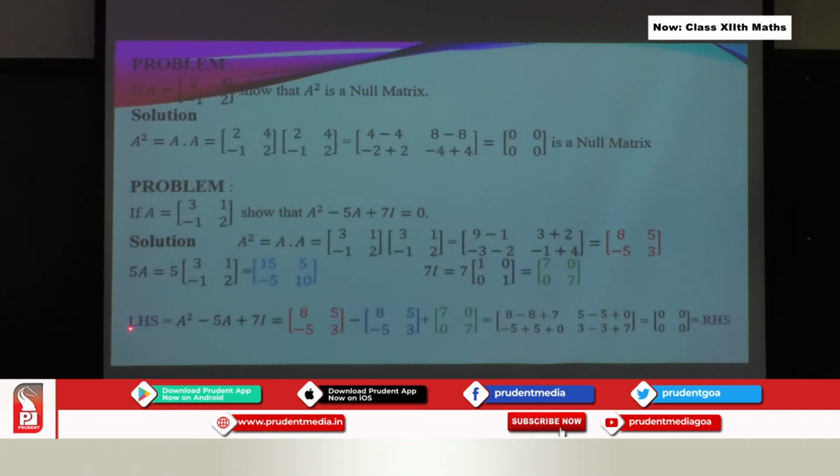So what is my LHS? LHS is this, A square minus 5A plus 7I. So I will just substitute all the matrices, and here it's a subtraction, addition. So 8 minus 8 plus 7 will give you 0.